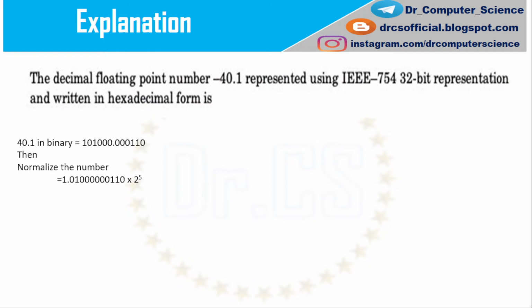Then normalize the number, that means the point is placed after the leading one. So 1.0100001110 times 2 power 5. The 2 power 5 means we move the point 5 places.